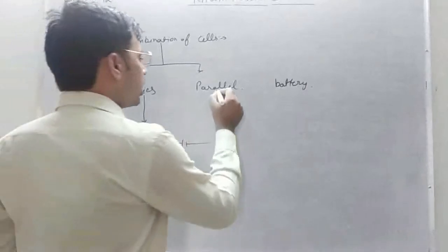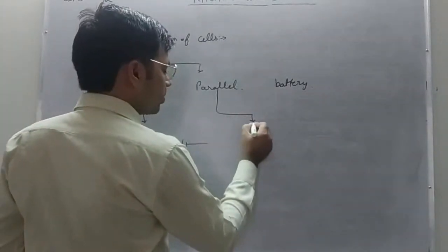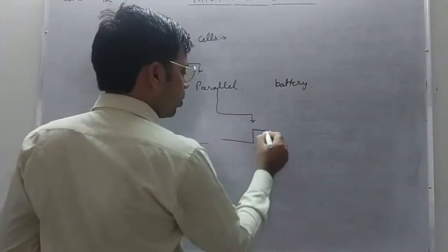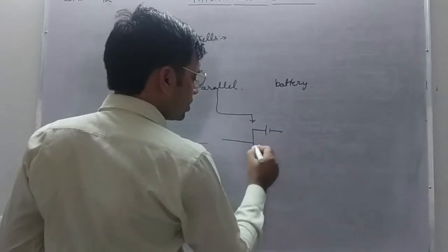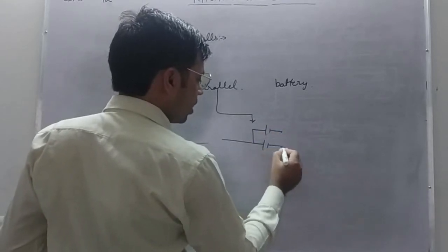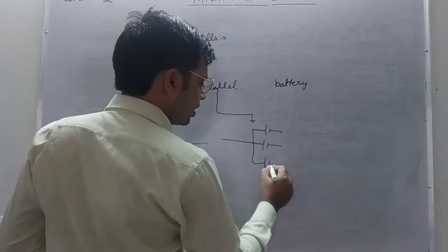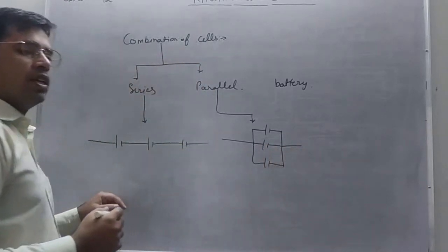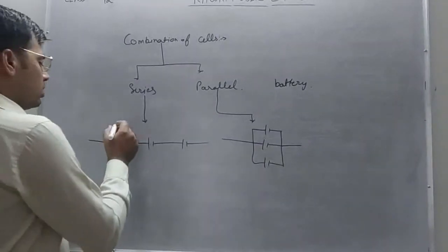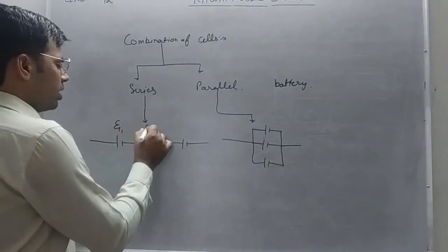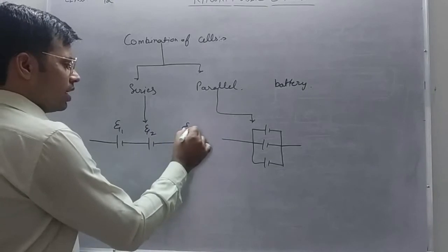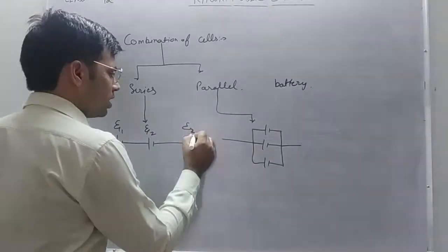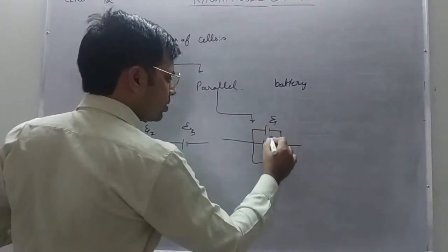Now in case of parallel combination, all the positive terminals of the cells and all the negative terminals are connected together. Like this is a cell having EMF E1, this is a cell having EMF E2 and E3. Similarly here.